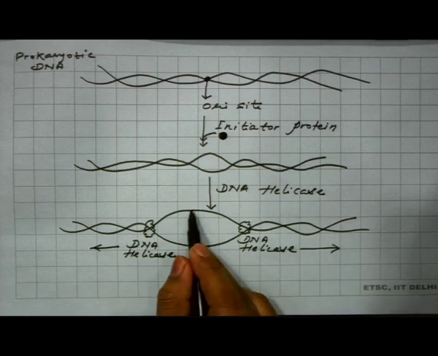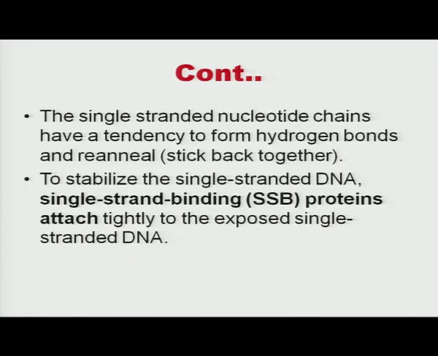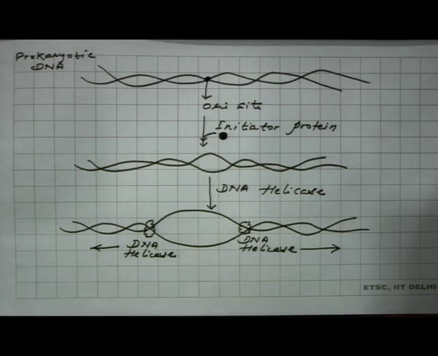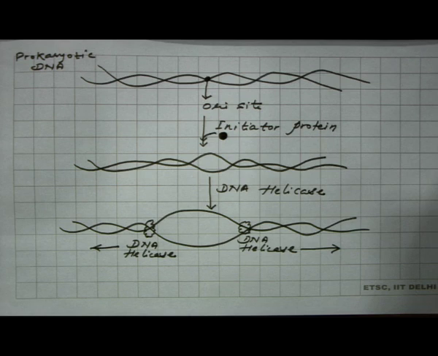Now, this single stranded DNA will act as a template and then it will be copied by DNA polymerase to make two daughter DNAs. But here comes an important problem. As we know, DNA has the nature to be double stranded. So, these separated strands will not be stable for a longer period.